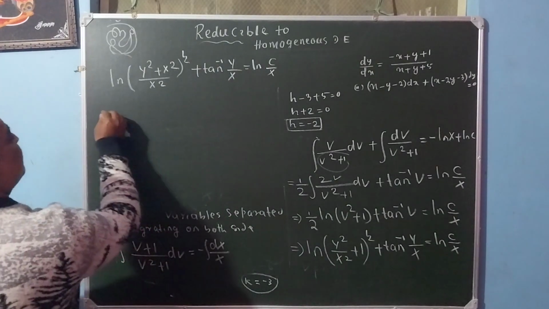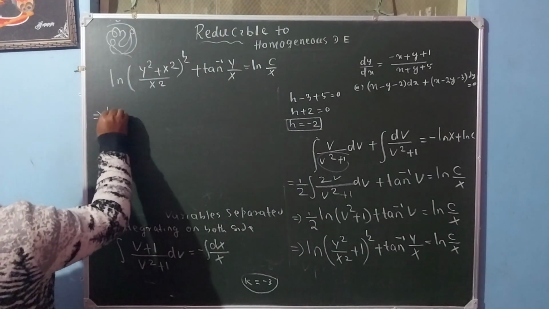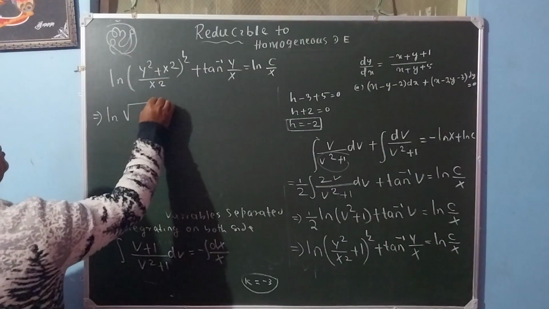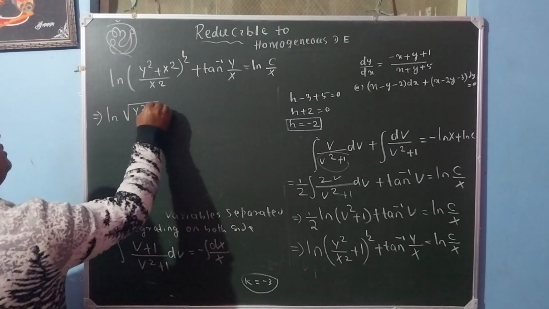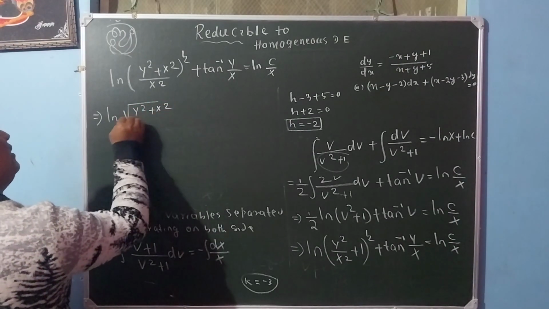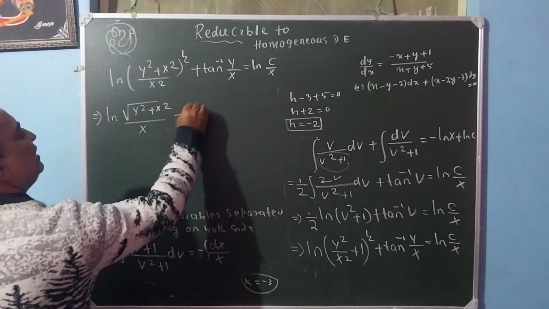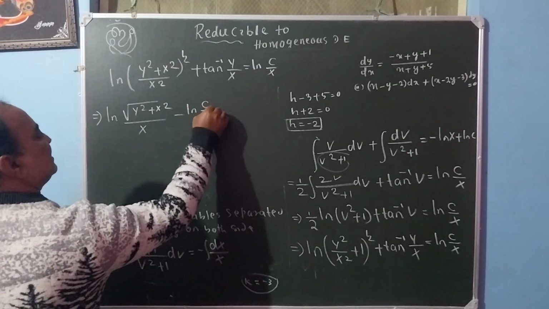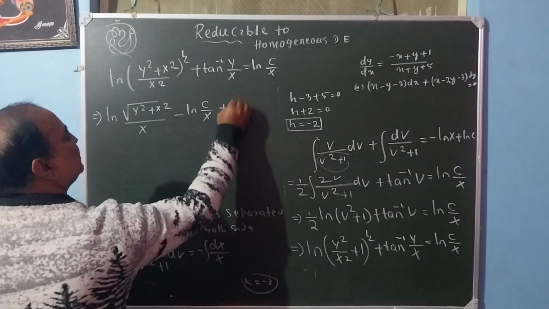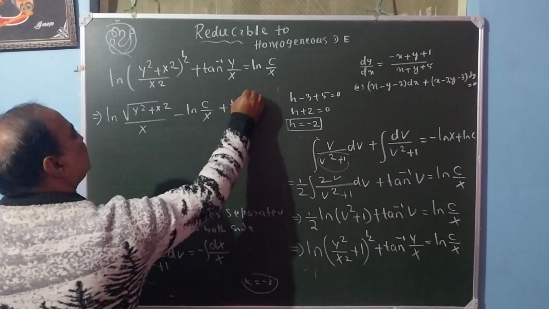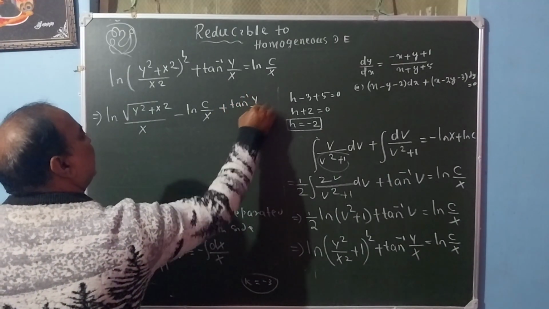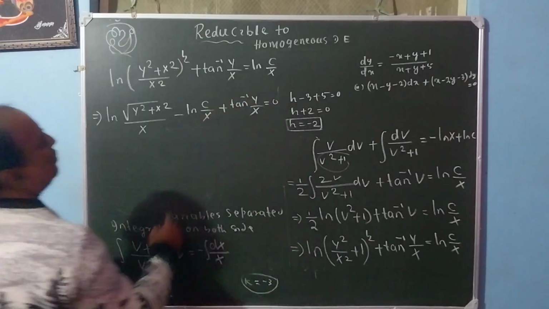So we get ln root over (y square plus x square) divided by x, minus ln c by x, plus tan inverse capital Y by capital X is equal to 0.